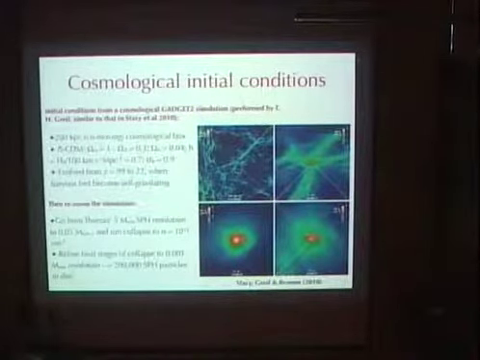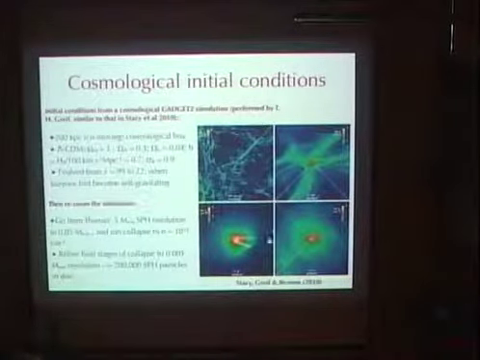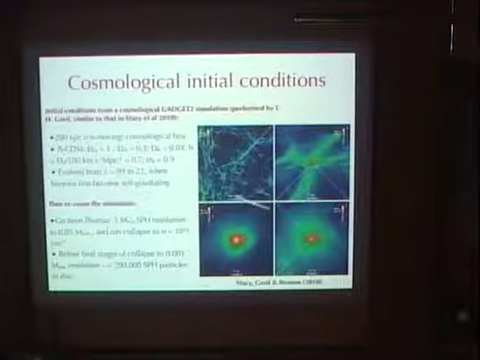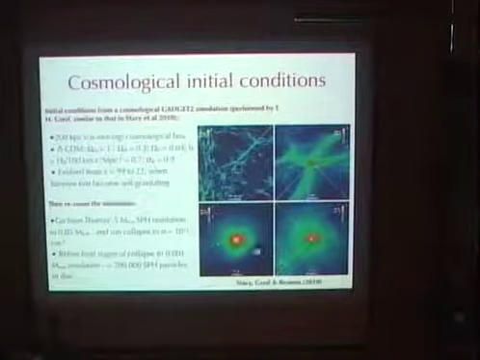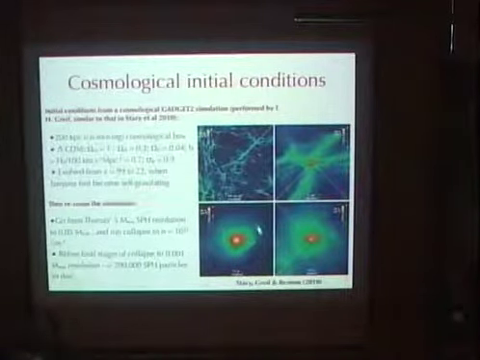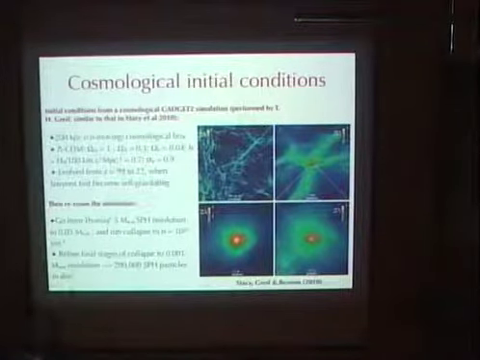We then resample these initial conditions and do a second simulation starting from basically the end point of this large-scale cosmological simulation. We do this to generate an initial condition on a 10 parsec scale, then resample this with much higher mass resolution and follow the further collapse of the gas.